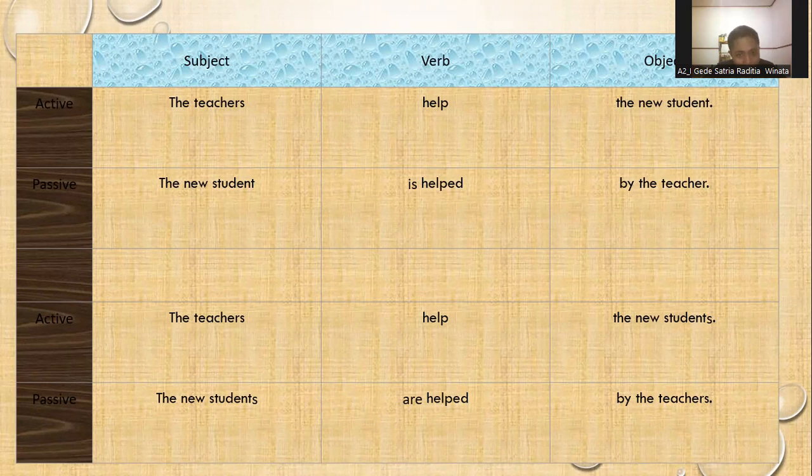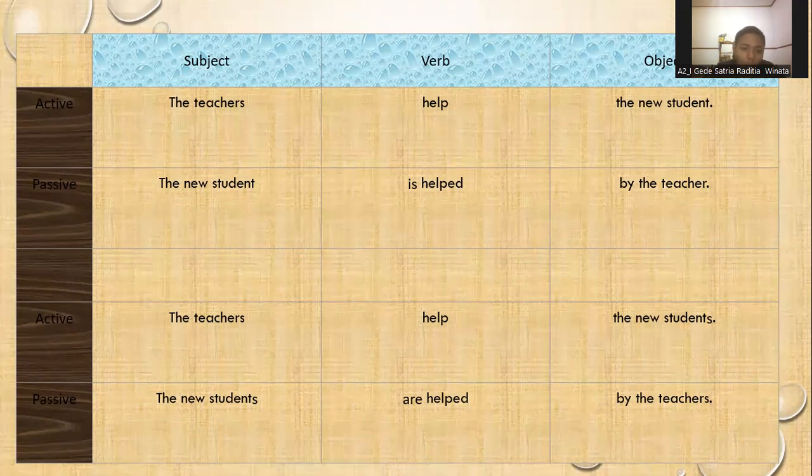In the active sentence, the teacher is the subject, helped is the verb, and the new student is the object. Passive: the new student is helped by the teacher. The new student is the subject, helped is the verb, and the teacher is the agent.